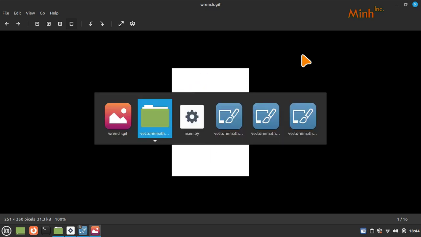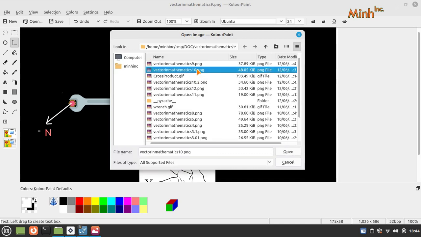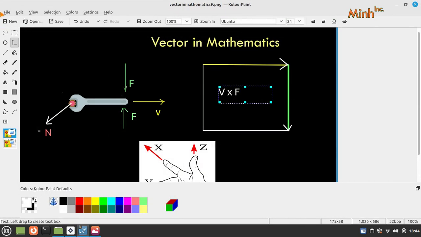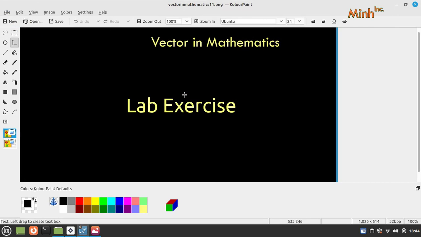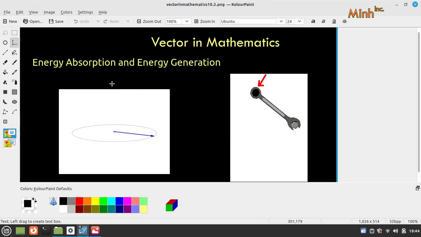As per the diagram, the normal vector is in the perpendicular direction, that is along the positive z axis. So that is the scenario.